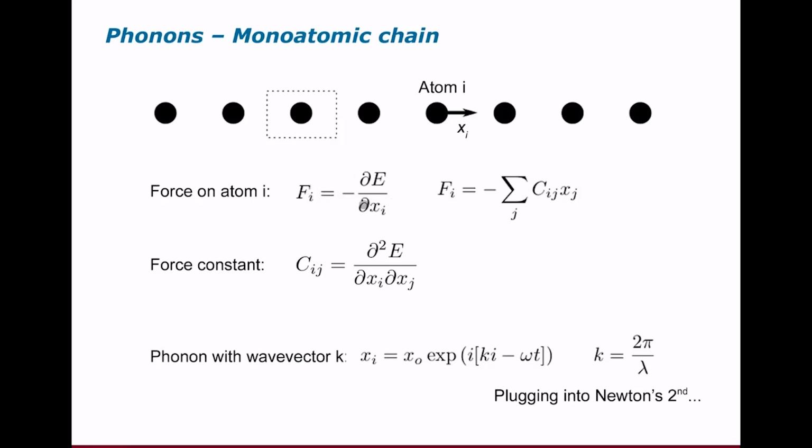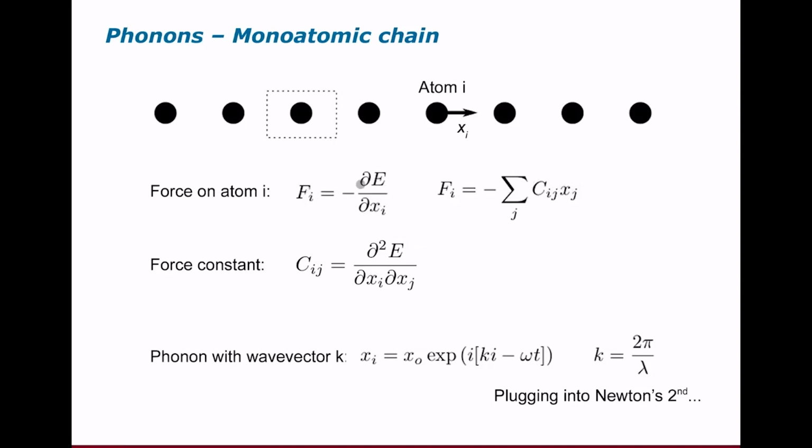Now, if in general you displace a bunch of atoms, so not just x_i, but the x for many different atoms are non-zero, then you can write the total force on atom i as a sum with a minus sign of some force constant C, which multiplies x of each different atom. So essentially what I am doing here is Taylor expanding the force on atom i.